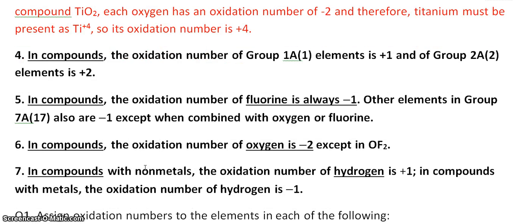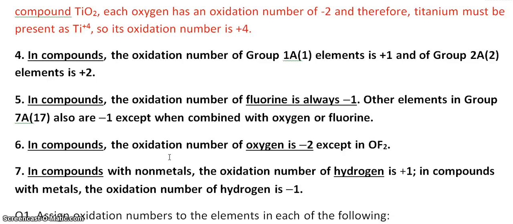All right. In compounds, the oxidation number of oxygen is always -2, except when it is paired with fluorine. I think in the crash course video, Hank said that in peroxide, it also doesn't have a charge of -2, but don't worry about that.